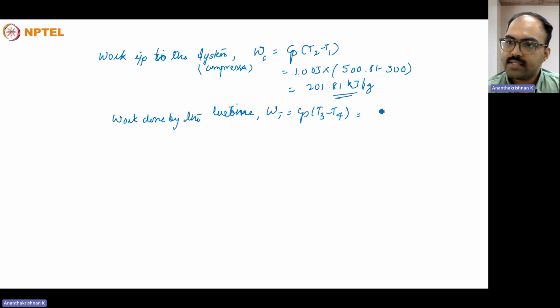So it could be written as Cp into T3 minus T4, that is 1.005 into 850 minus 509.18 equal to 342.52.